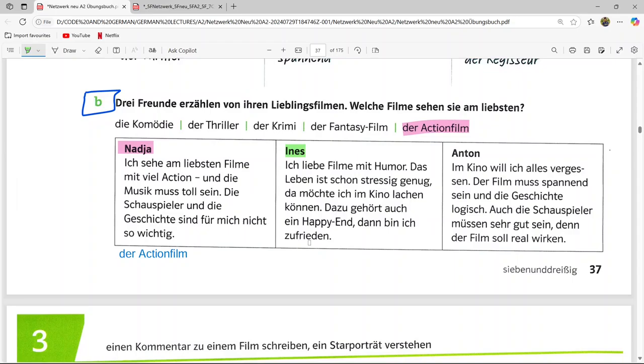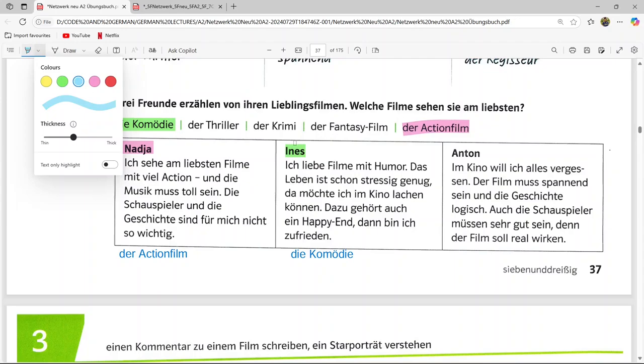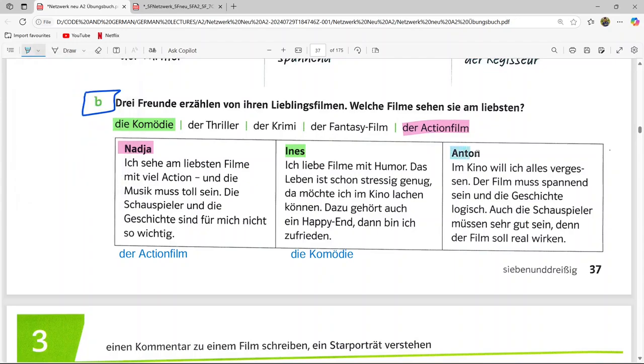That includes a happy ending. So if there is a happy ending, I am very satisfied. Okay, so what he likes to laugh. So comedy. So we can add here for him the answer, done.